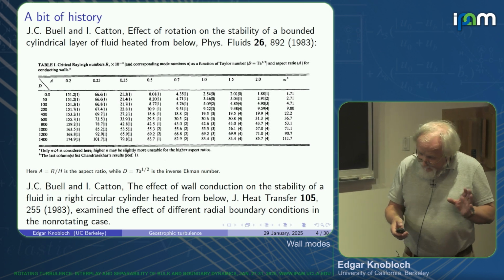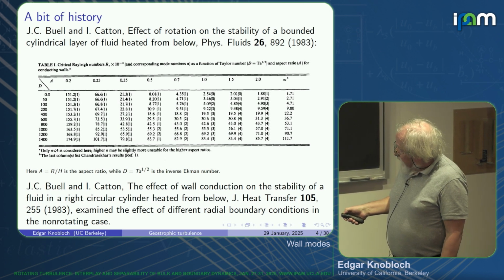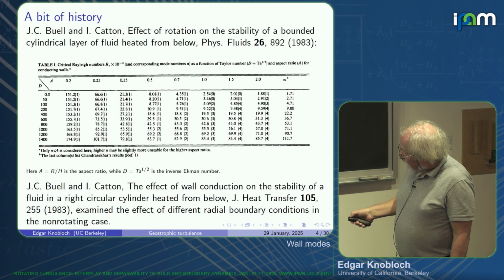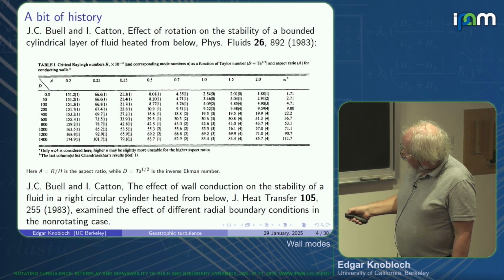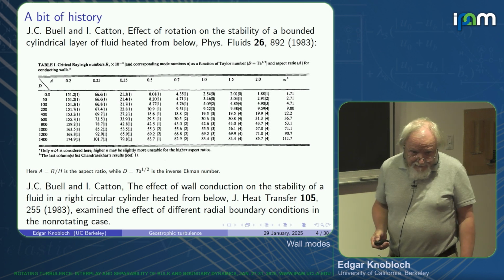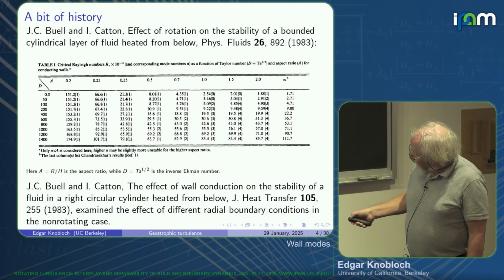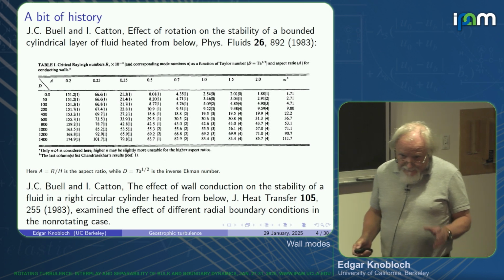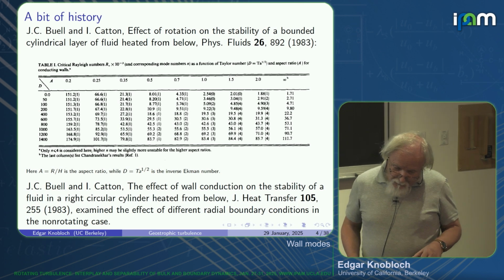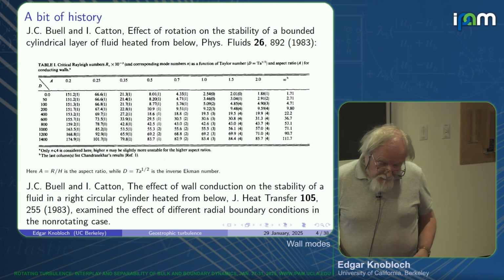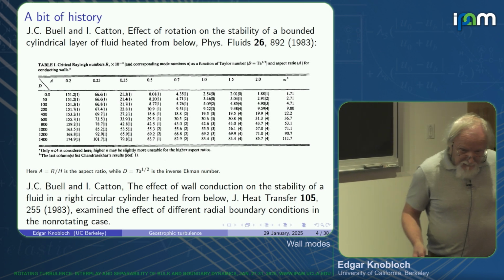So this is a calculation in a cylinder. And you see here that, if the Taylor number, measured by this quantity d, is not too large, then the threshold for these different azimuthal mode numbers is higher than for the infinite layer. But then when you get to this line here, the mode 4 comes in earlier than the infinite domain. So that is really an explanation for the presence of a new mode of instability, which is not there in the unbounded domain.